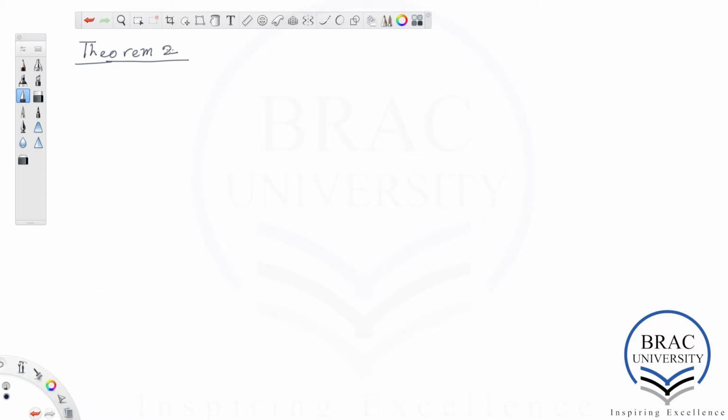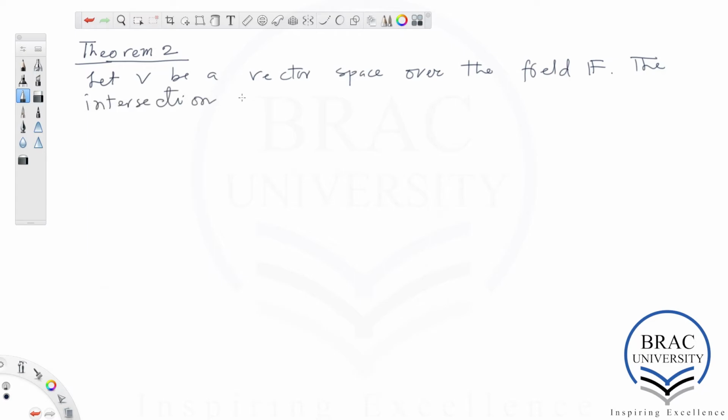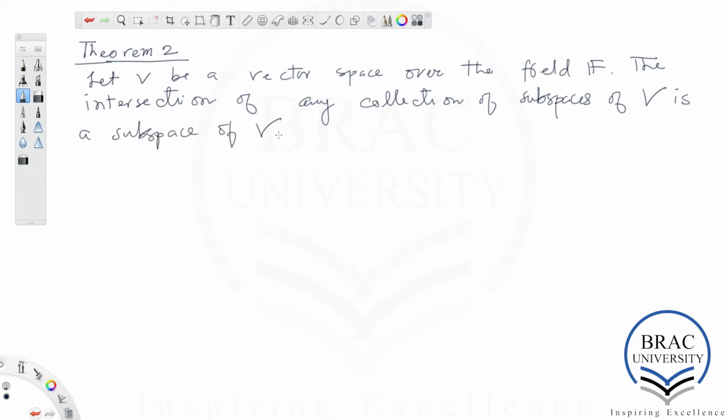Let V be a vector space over the field F. The intersection of any collection of subspaces of V is a subspace of V.